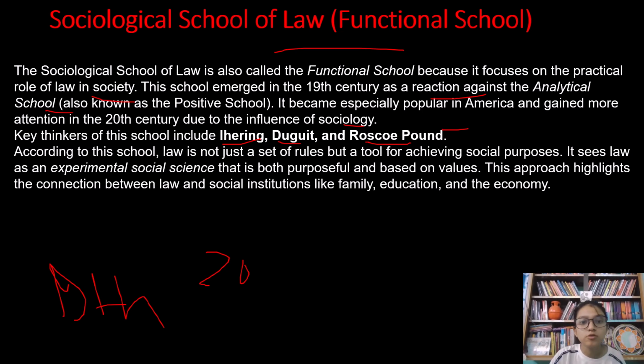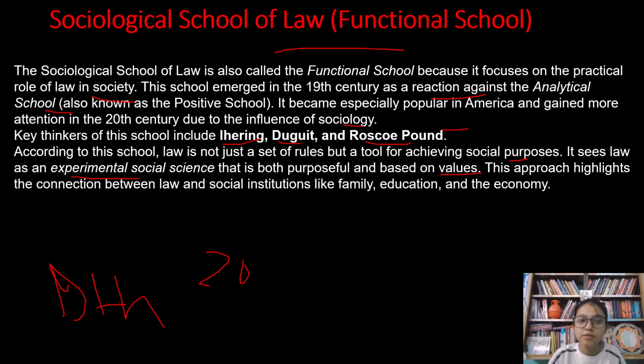According to the school, law is not just a set of rules but a tool for achieving social purpose. So the very thought of the functional school was that law is not just a set of rules but something that helps people in achieving social purpose. It says law is an experimental social science that is both purposeful and based on value. So it sees law as something experimental which will do good to the society.